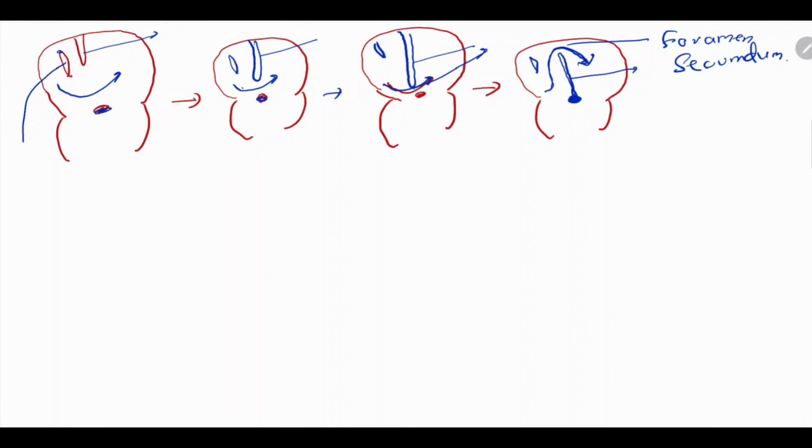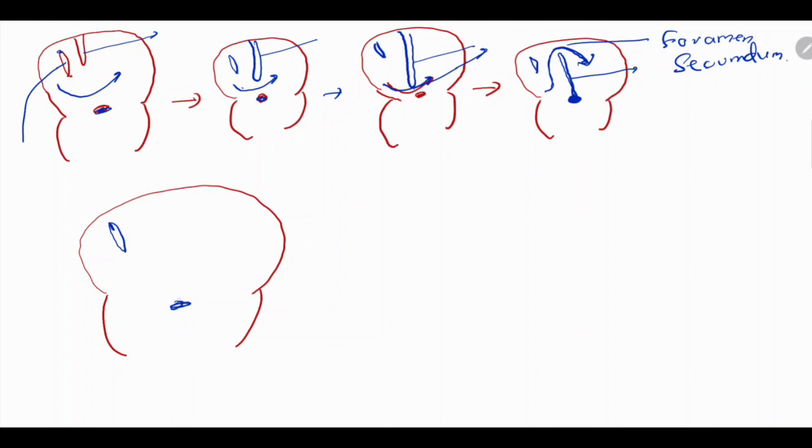Let me draw one more diagram over here, with all the details. Here we have the primitive atrial chamber, then the sinoatrial orifice, and in the lower half the primitive ventricles. These are the AV cushions.